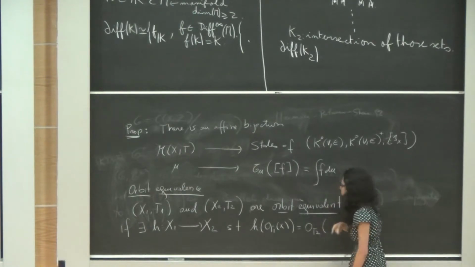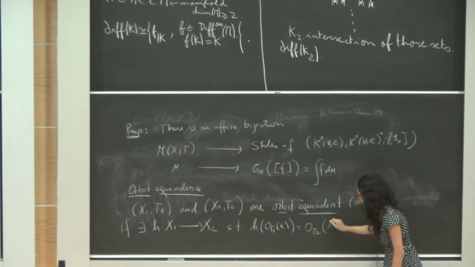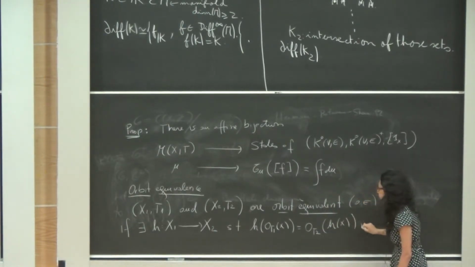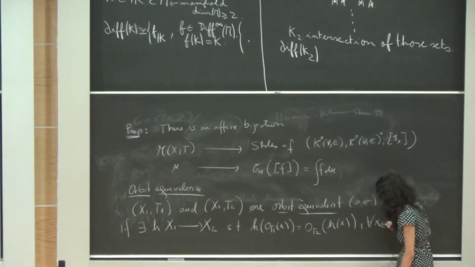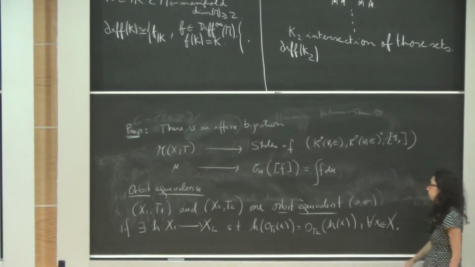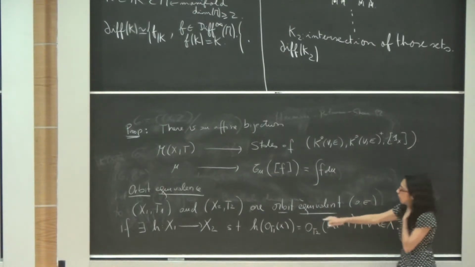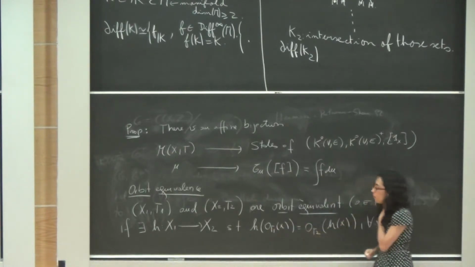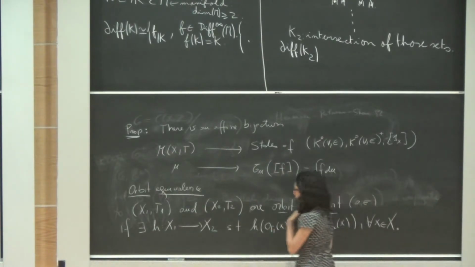This is the topological notion of orbit equivalence. And maybe this was defined here before, but when we have a map like this, we can define another function.